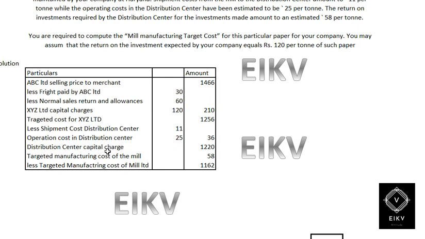That is the distribution center's capital charge. After that, you need to deduct the distribution center's return of 58 rupees. After considering that, you will get the targeted manufacturing cost of the mill, which is 1162.